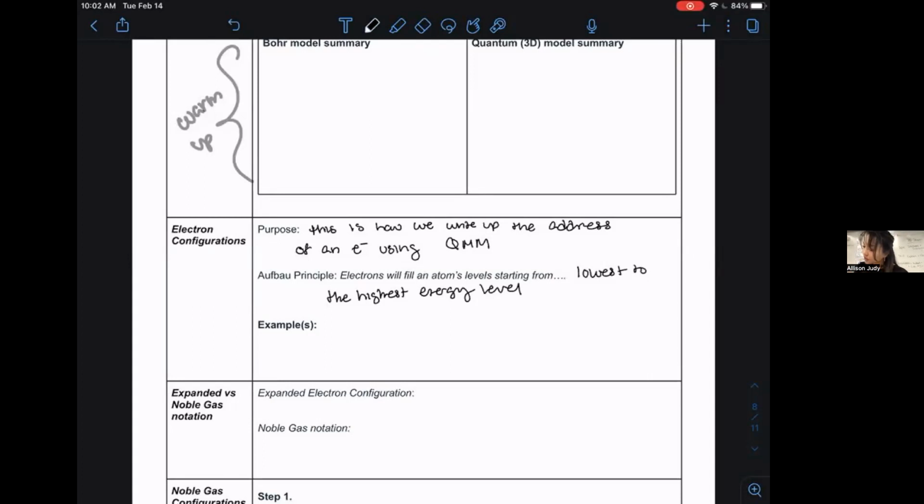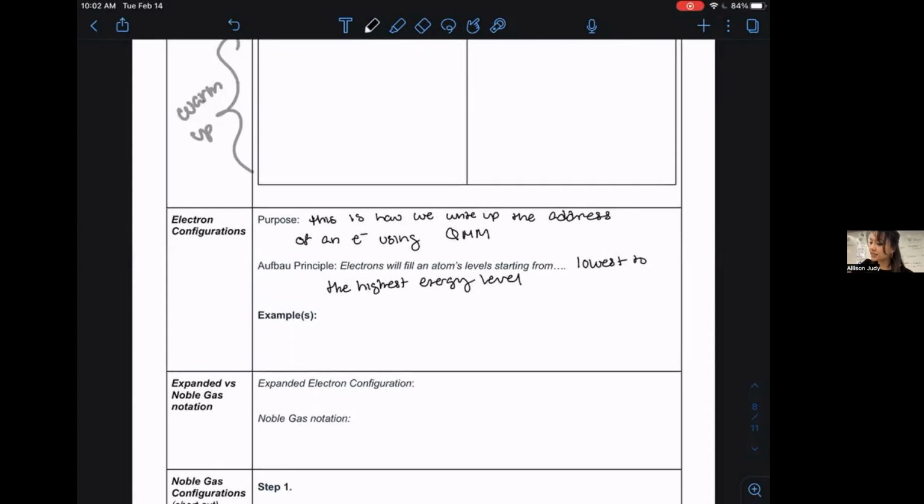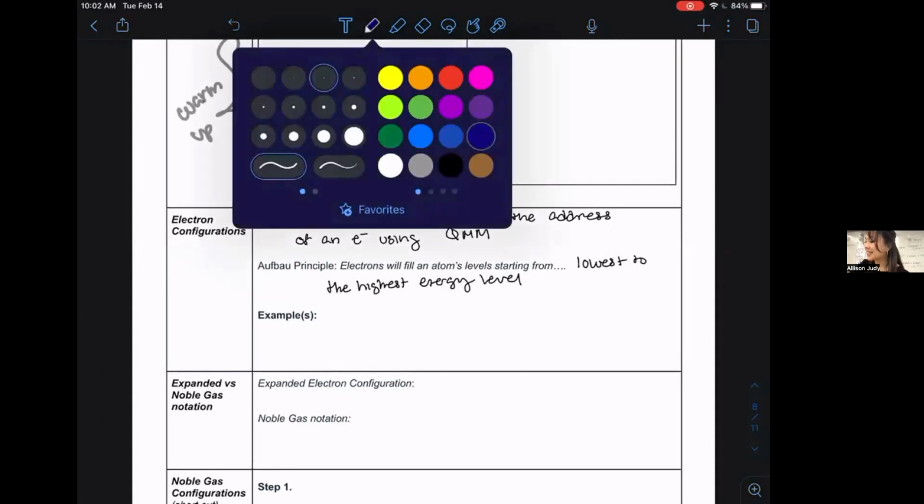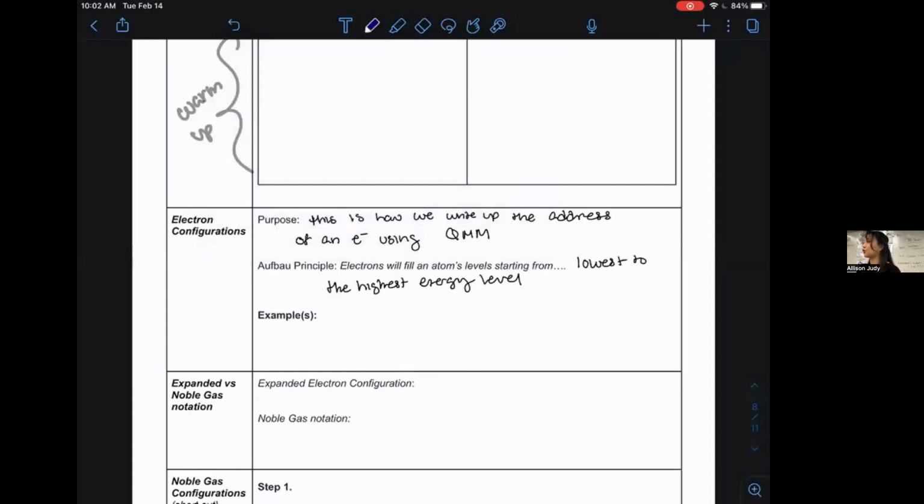So let's look at an example. Let's say I want to know the exact address of every electron, for the most part. Honors, you're going to get even more detailed, but I want to know the exact relative address of every single electron in the sulfur atom. Well, here's the thing. I know neutral sulfur is going to have 16 electrons.